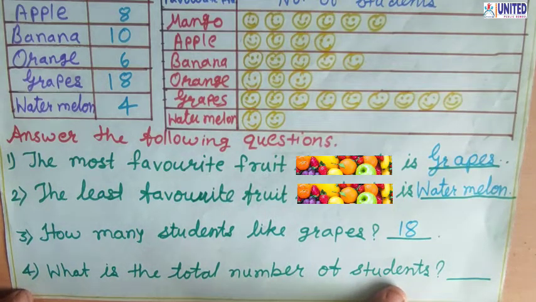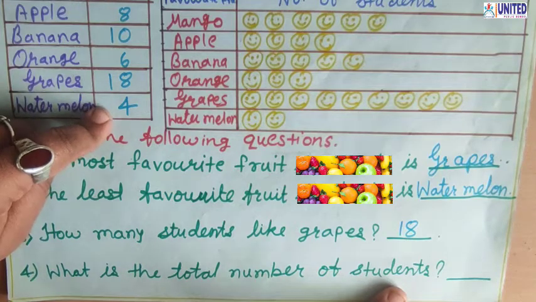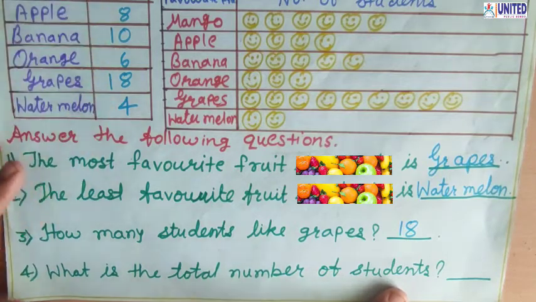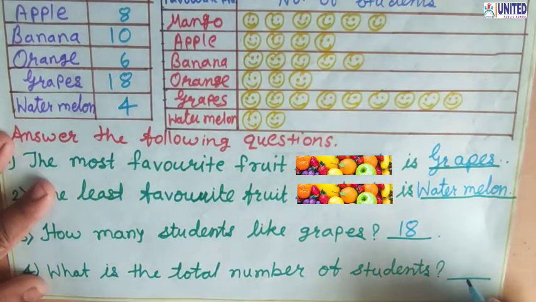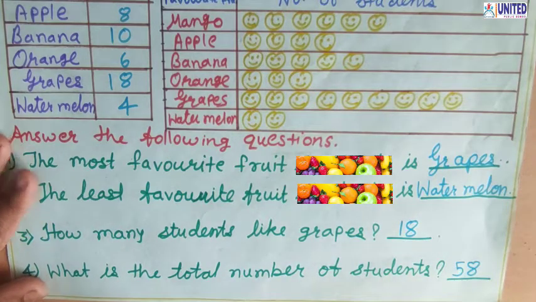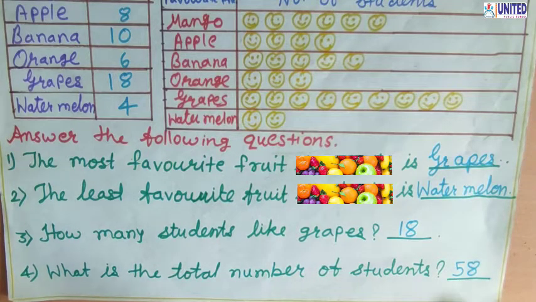Here the numbers are given, so you just have to add them. By adding, we get the total number, that is 58 students. So we write down here 58. In this way we can draw the pictograph and also answer the following questions from that pictograph.